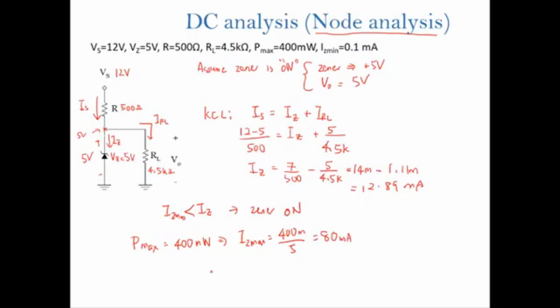So IZ is lower than IZ max, so it is safe operation. For IRL, actually you have calculated the IRL in the KCL, which is equal to 5 over 4.5K, which is 1.11 milliampere.